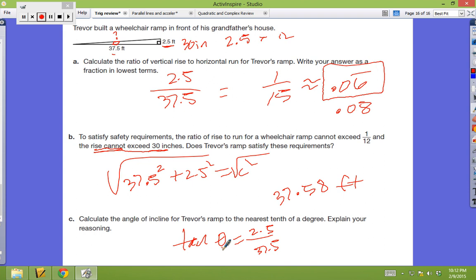And now I need to find the angle, so I need to do the inverse. I need to do the inverse tangent of 2.5 divided by 37.5. So that is about a 3.8 degree, somewhere around there. That's the angle of incline.